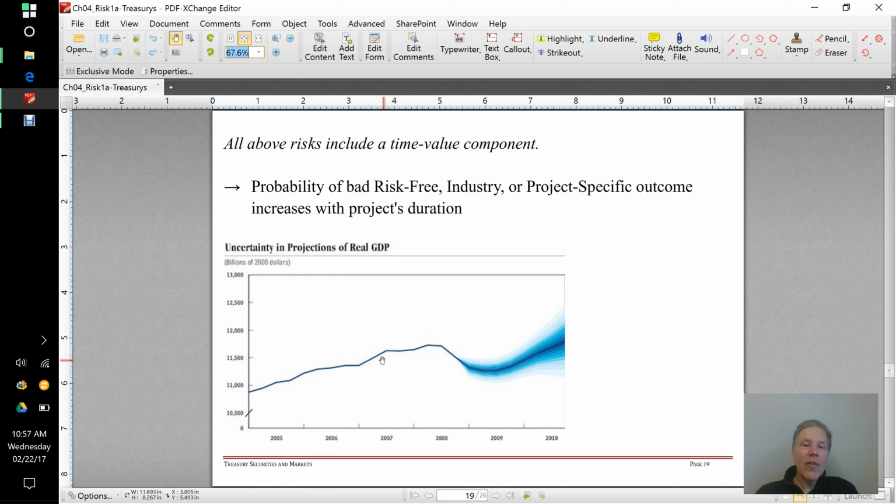So we know historically exactly what real GDP was doing, and in the future we're not sure, and the further out we get in the future, the less sure we are. What's represented here, it's called a fan chart, is standard deviations around our expected value. So the farther we go out, the more standard deviations we go out, the less certainty we have around what our best guess is. Okay.